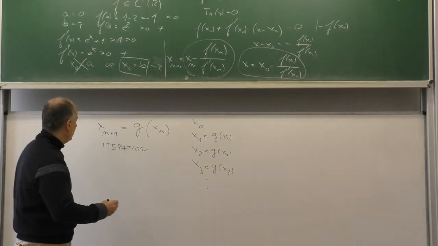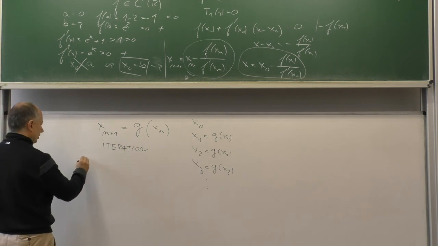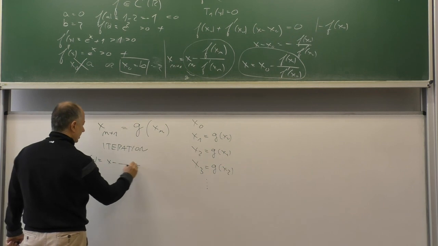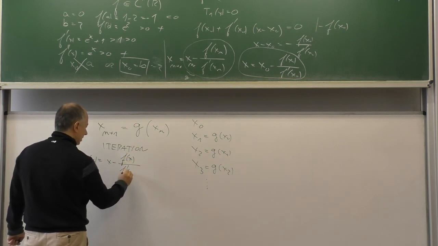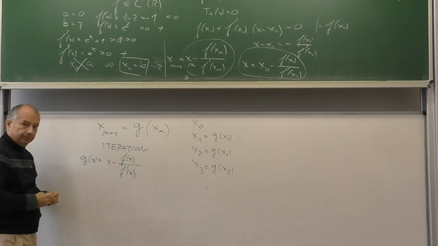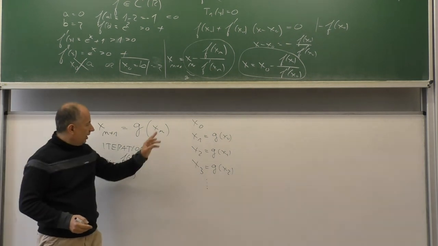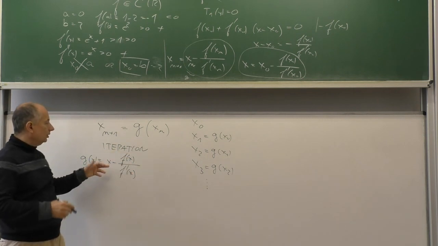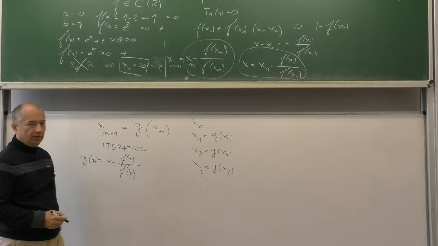Let me write it once again. What is g? g at x is x minus fraction f at x divided by f derivative at x. So once again, we have the equation f(x) is 0. We build this new expression x minus f divided by f derivative.